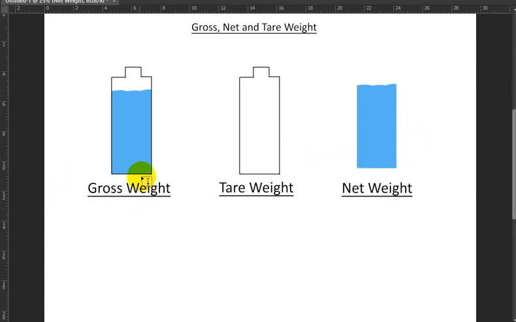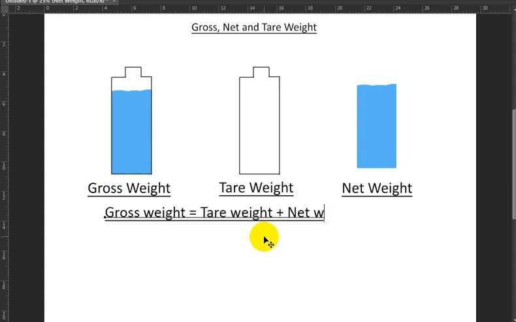Now, as you can see here, the gross weight is these two put together. So the first thing that we can say about these weights is that the gross weight is equal to the tare weight, so in this case the weight of the bottle, plus the net weight, the weight of the water.